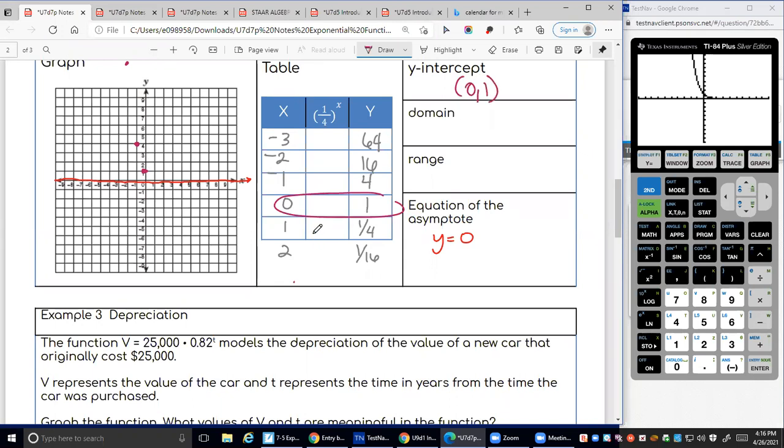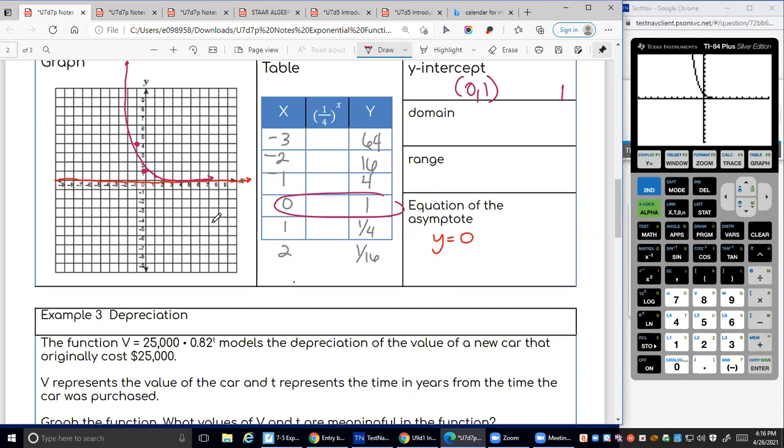By the way, if the question asks what's the y-intercept and it only asks for one number, you could put in just 1. But if it asks for an ordered pair, put it as an ordered pair. Either way. Then you got 1 and 1/4, and 2 and even less than that, 1/16. So you're looking at something super huge, going all the way down, but never ever quite touching. We just can't see.